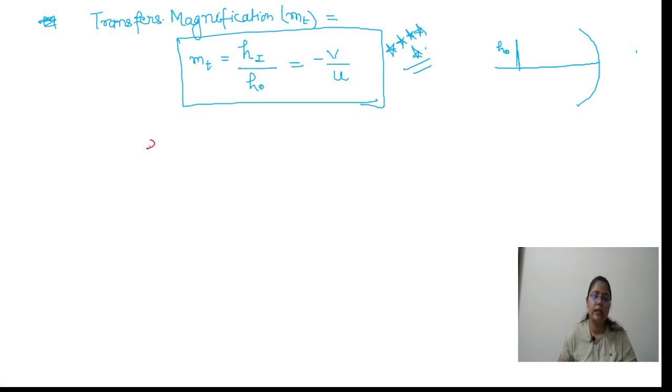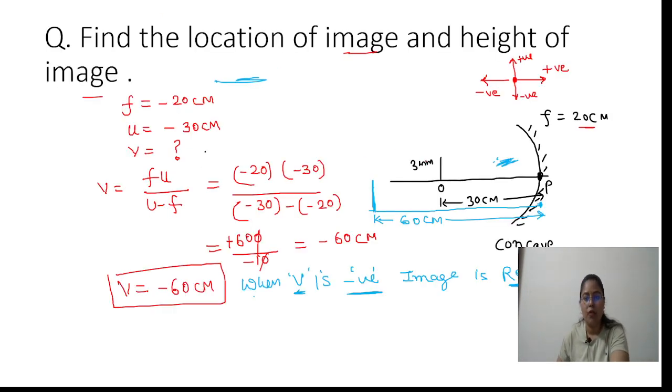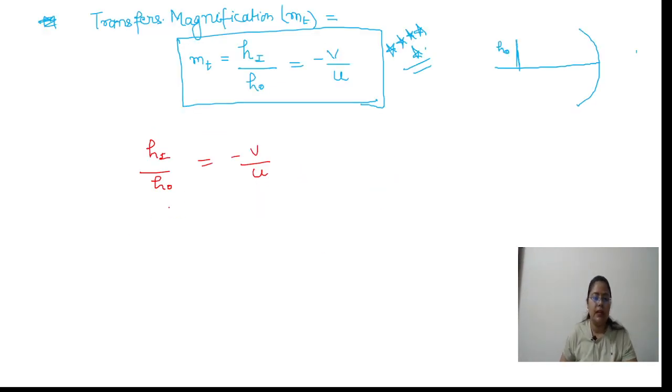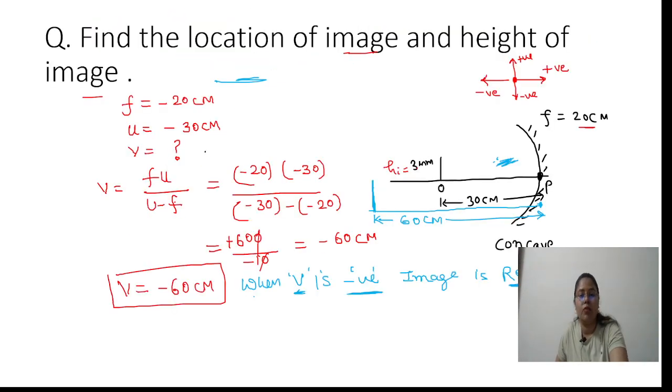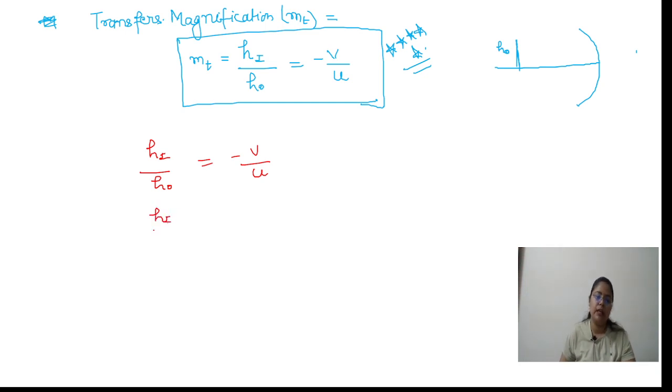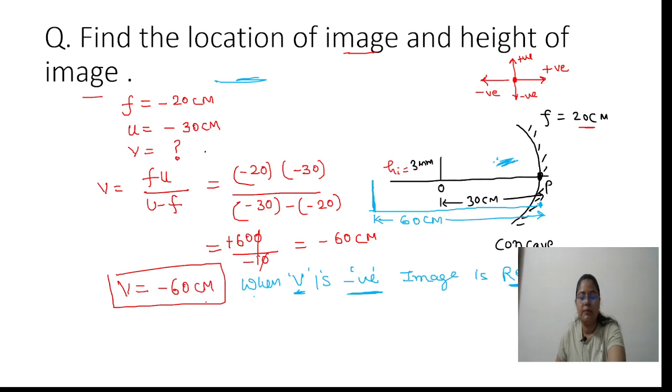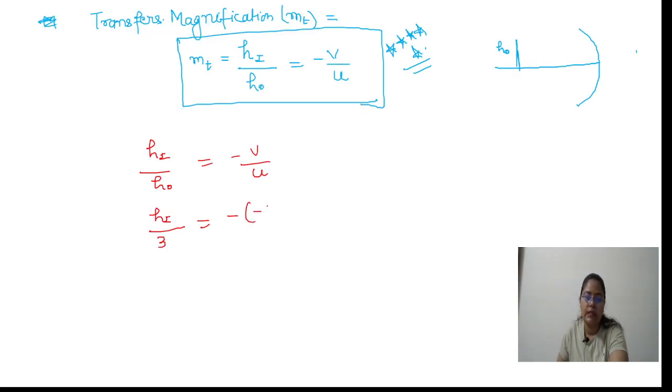So my dear student, height of image upon height of object is equal to minus V upon U. What is the height of the object? The height of the object is given as 3 mm. You calculate the height of the image. What is the value of V? V is minus 60, so put minus 60.